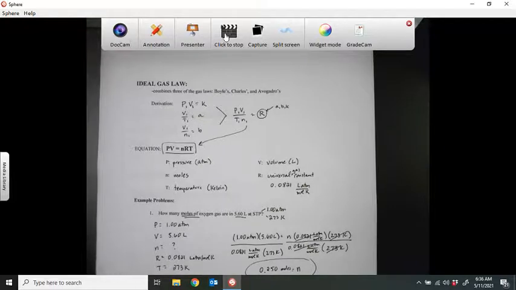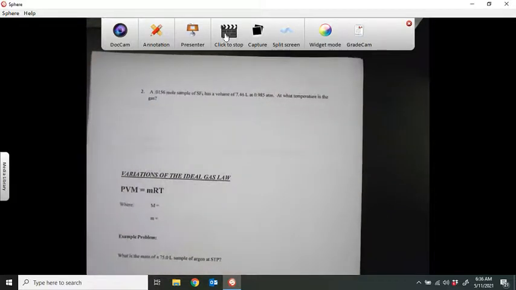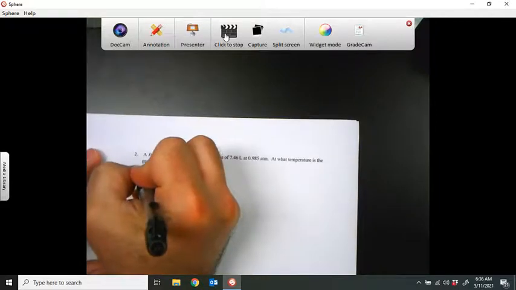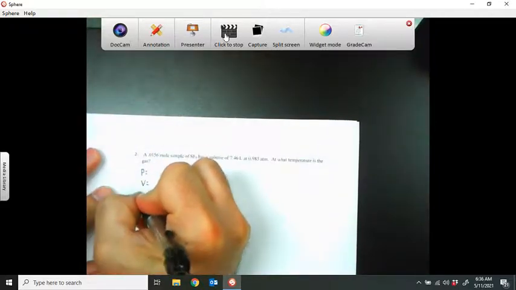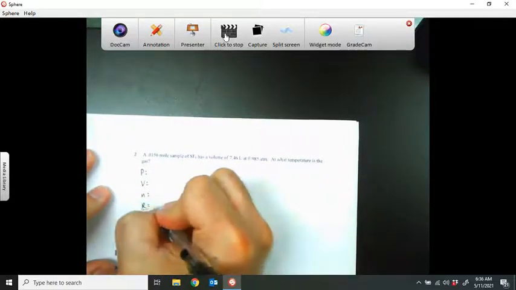There is a second problem on the next page on the back of this, and that is right here. So we are given moles, volume, pressure, and we want to know what temperature is. So we are given 4 of our 5 variables because we know one of them is a constant.